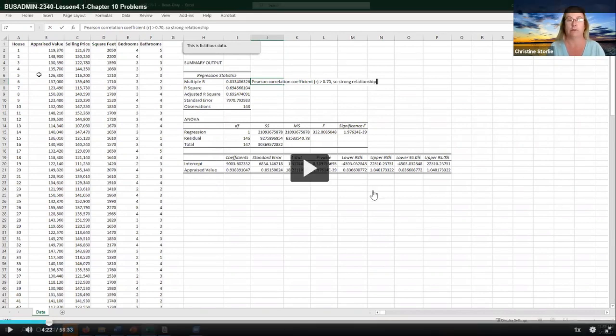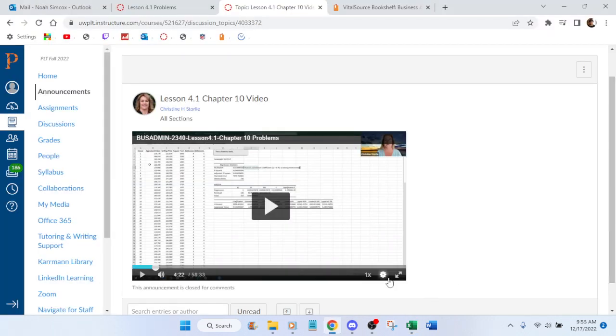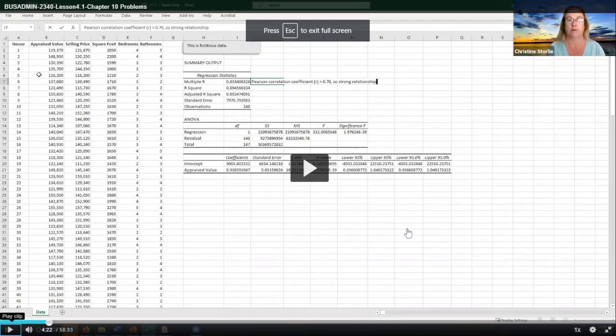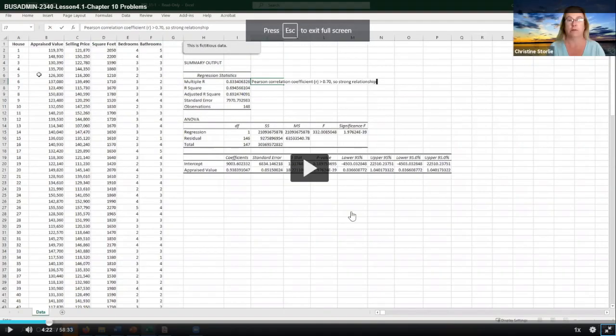Pearson. More than 0.70. It's a positive relationship.